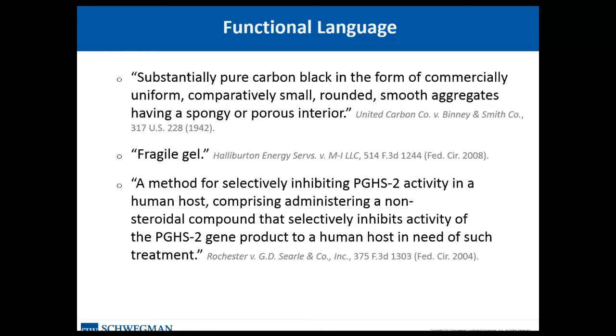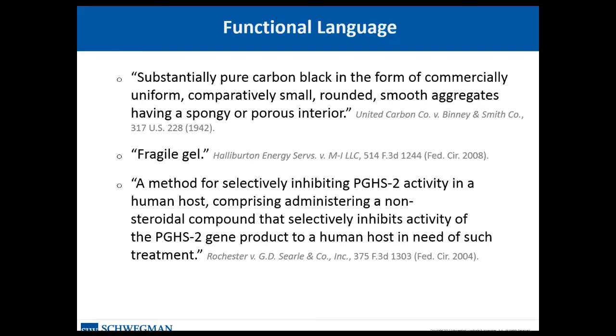A couple more examples here. Substantially pure carbon black, and the functional portion of that is this whole notion of the carbon black being spongy or having this porous interior. One of my favorites is this fragile gel term that comes from the Halliburton case back in 2008, which basically claims this material by the fact that it is a fragile gel.